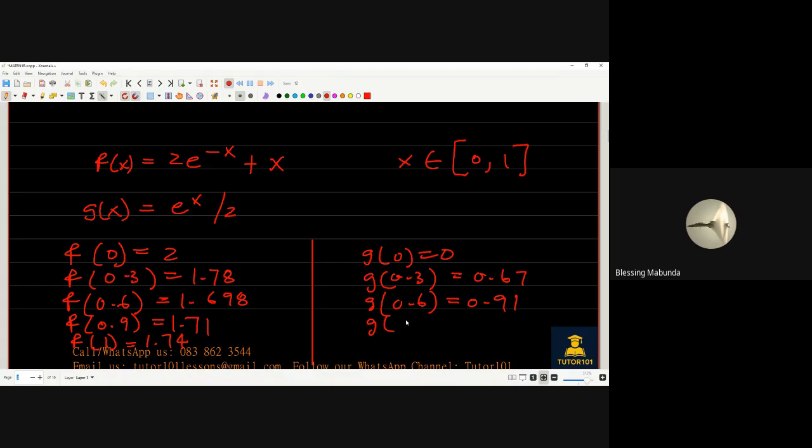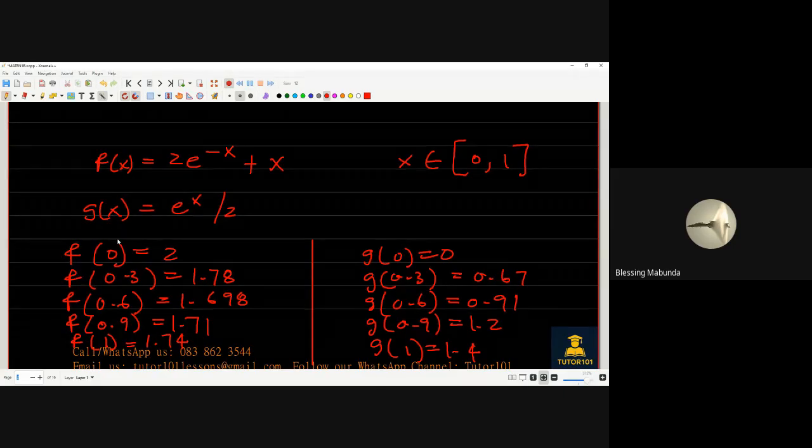And then g of 0.9 is 1.2. And at g of 1, this is 1.4.